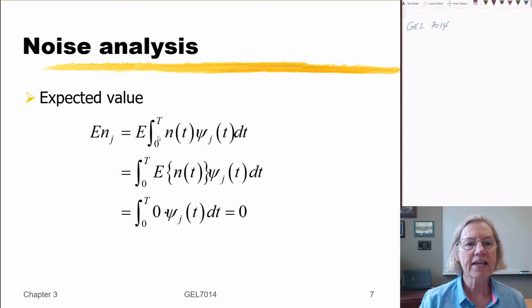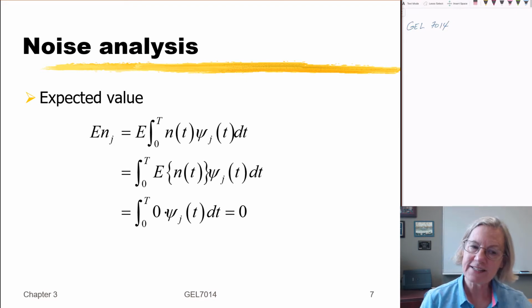The expected value of this element of the vector is the expected value of the inner product given here. We will assume for now that we can interchange the order of the expectation and integration. When we make that interchange, we have the expected value of the integrand, but phi j of t is just a basis vector.